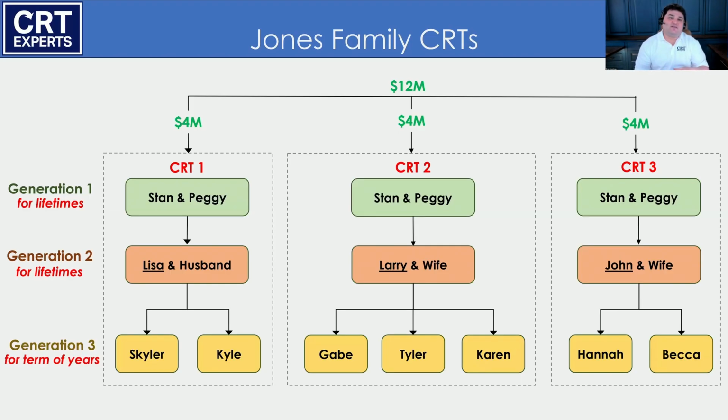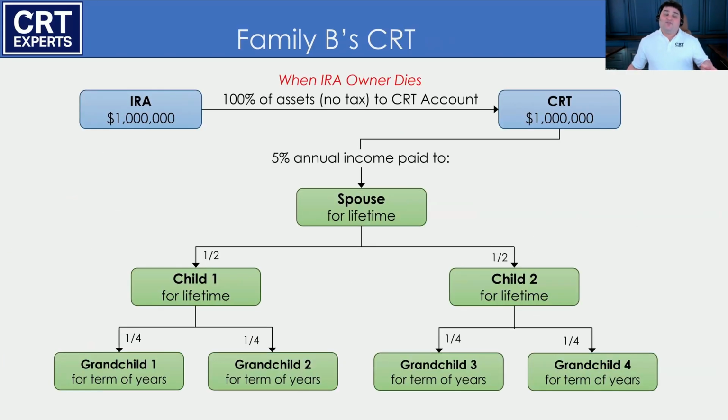In many families, in fact, they like this structure because it keeps each family unit, each child and their spouse and their kids, in a separate silo, so to speak. There are some mortality risk considerations. We'll talk about that later. But in some cases, that's our only choice, just because of how many children or heirs we have, or people's ages. So just keep in mind that we're going to be looking here at one CRT for family B, but we can accomplish the same thing with multiple CRTs.